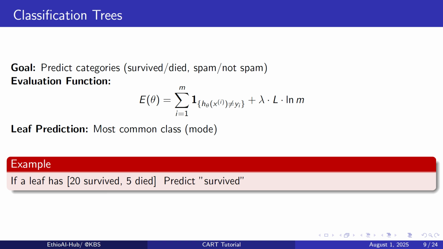Proportionally, 20 is about 4 times more than the died proportion. So the prediction is based on the proportion of misclassification. This is how the evaluation function works for a classification tree.